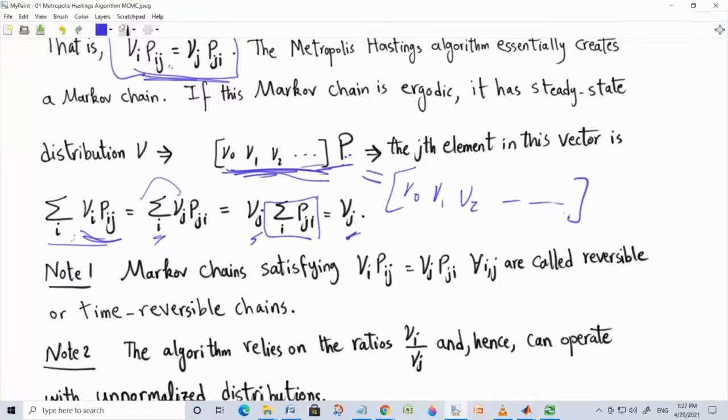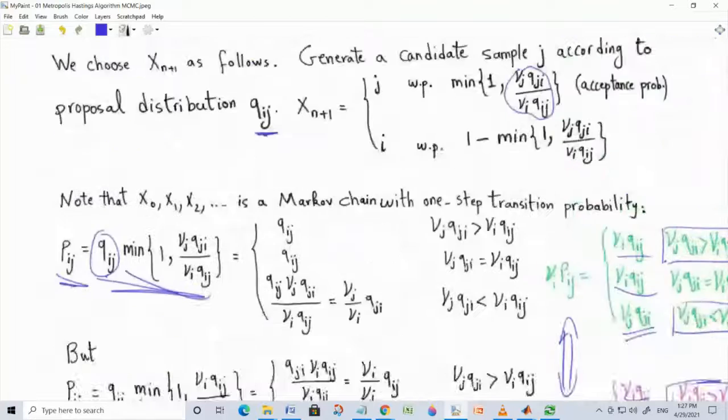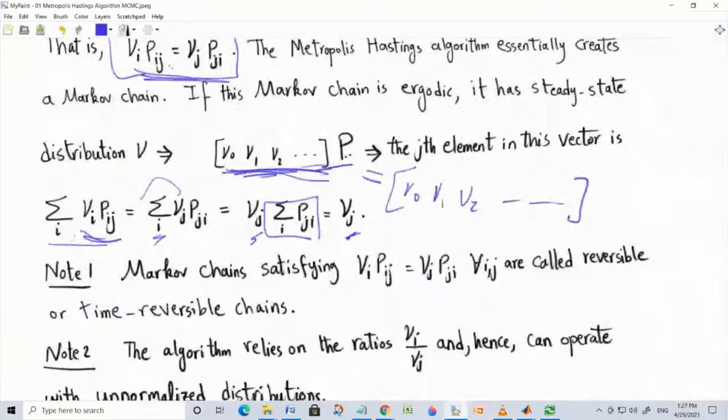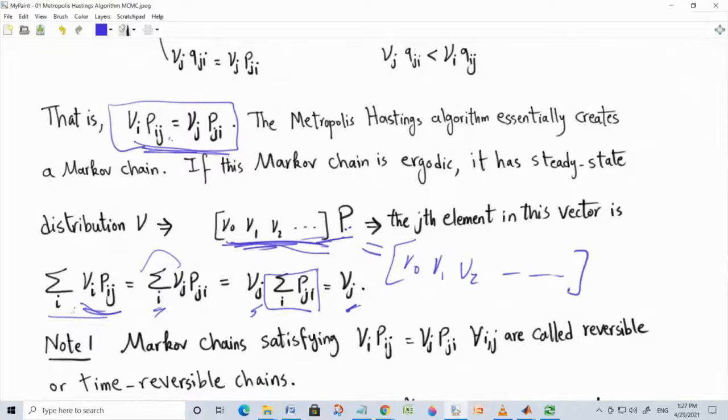So in fact, the target PMF is, if you design your algorithm to run as such with those acceptance probabilities, what you will get is a Markov chain whose stationary or invariant distribution is the target PMF. It's the PMF according to which you want to generate the samples.